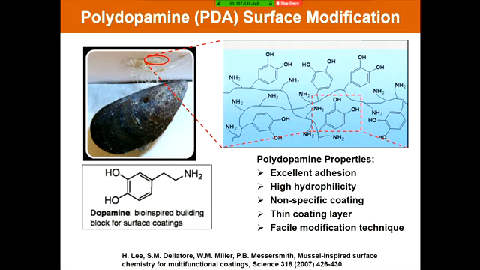And along these lines, we have worked with a compound called polydopamine to surface modify membranes. Work in this area was first published by Phil Messersmith, really looking at a very different problem. That is how marine organisms like this mussel can adhere so well to many surfaces, including non-native surfaces like this sheet of Teflon.